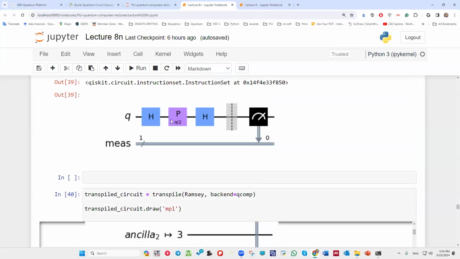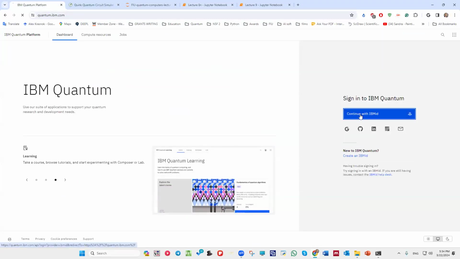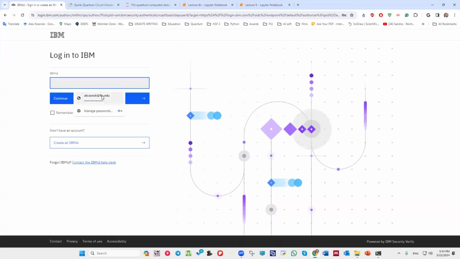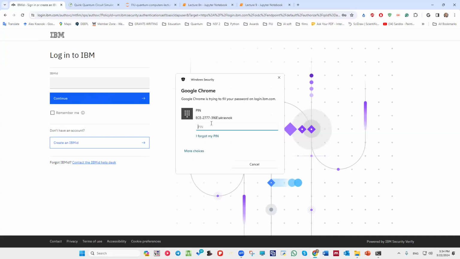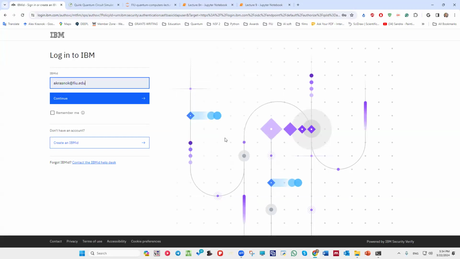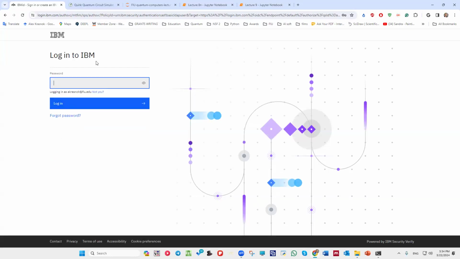Yeah, probably last time, as far as I remember, I submitted these simulations to the quantum system. So let me quickly look at the result, right? I didn't check that yet.